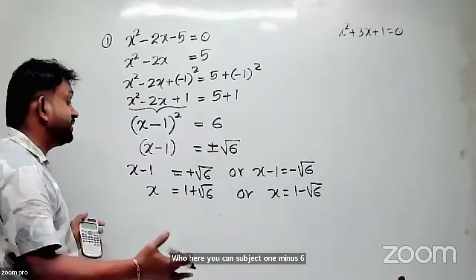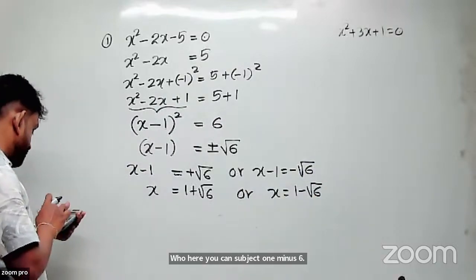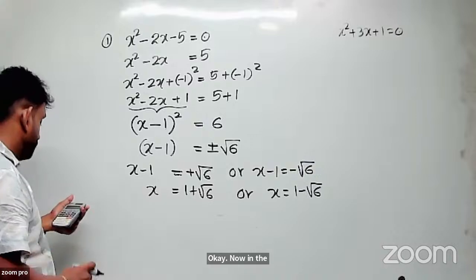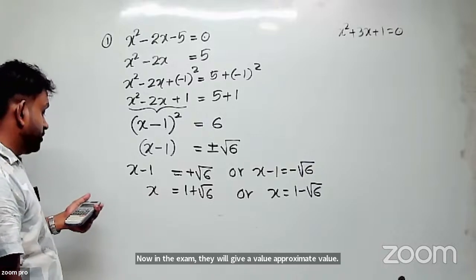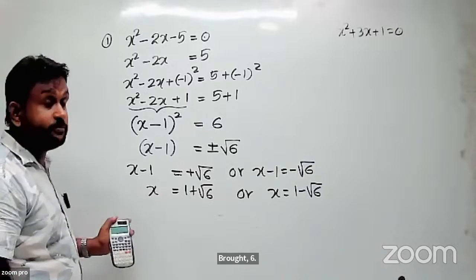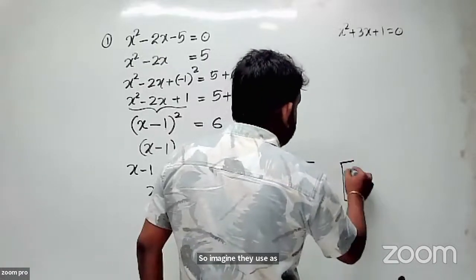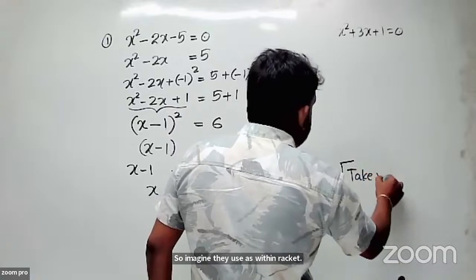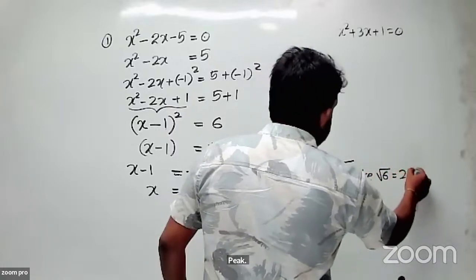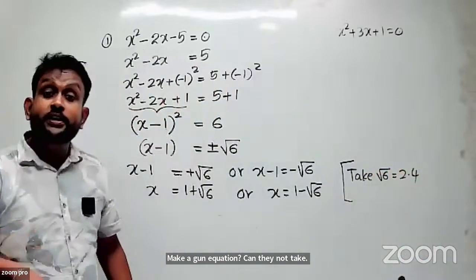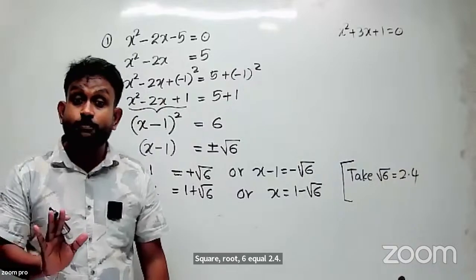Okay, now in the exam, they will give an approximate value for root 6, right? So imagine they give, within brackets, take root 6 equals 2.4 and find the value of x to the first decimal place.